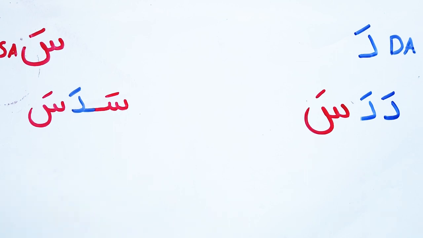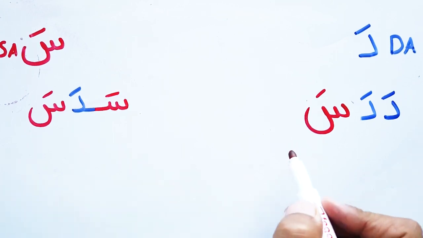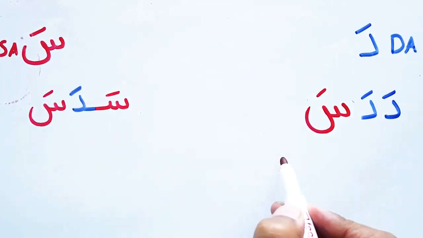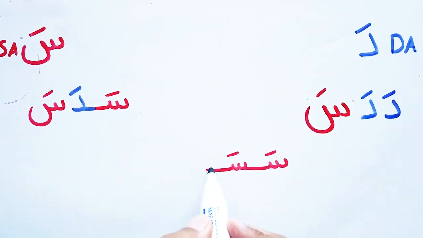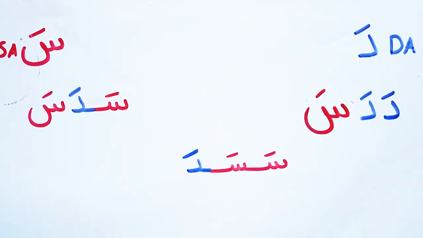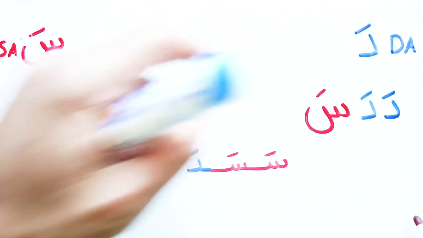Okay, the next one is se, de, se, de, se. So se in the beginning of the word, se in the middle of the word, and then finally de. Let's write it.